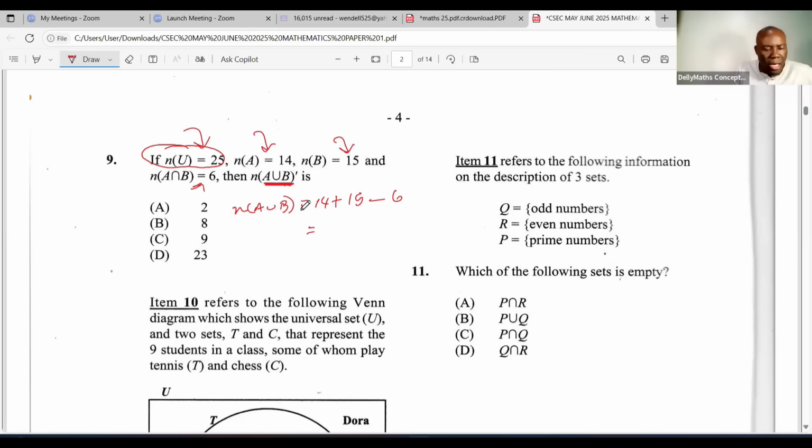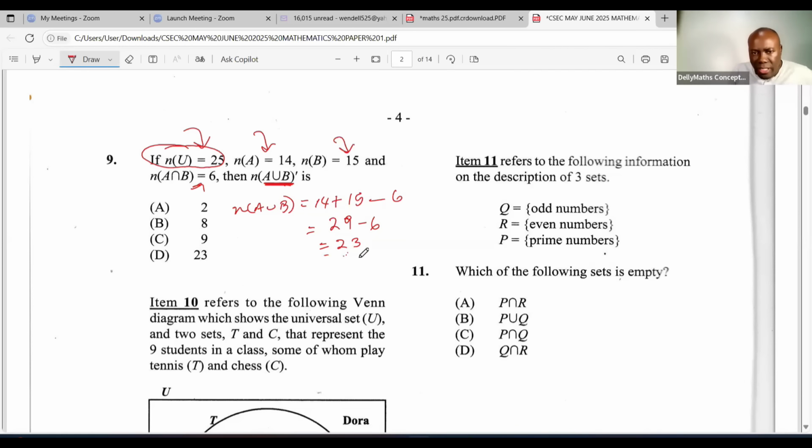So this is 29 minus 6. This is 23. No, that's not the answer to the question. If you pick 23, you're going to be wrong, because they don't want that. What they want now is the complement of this, right?